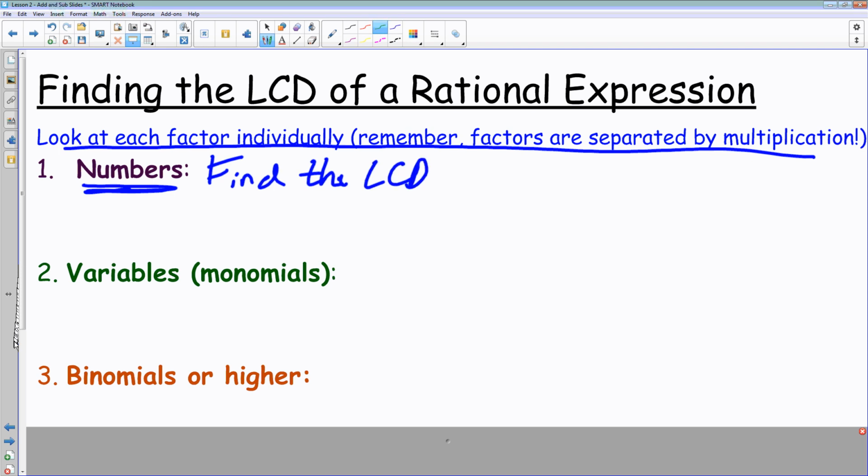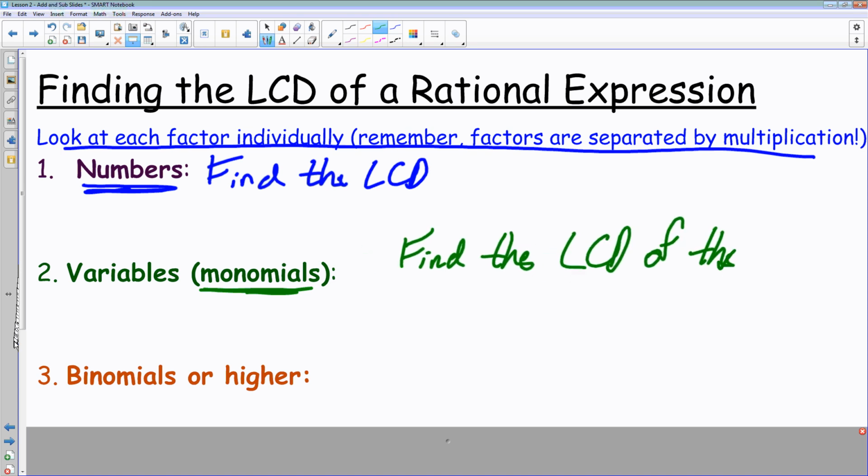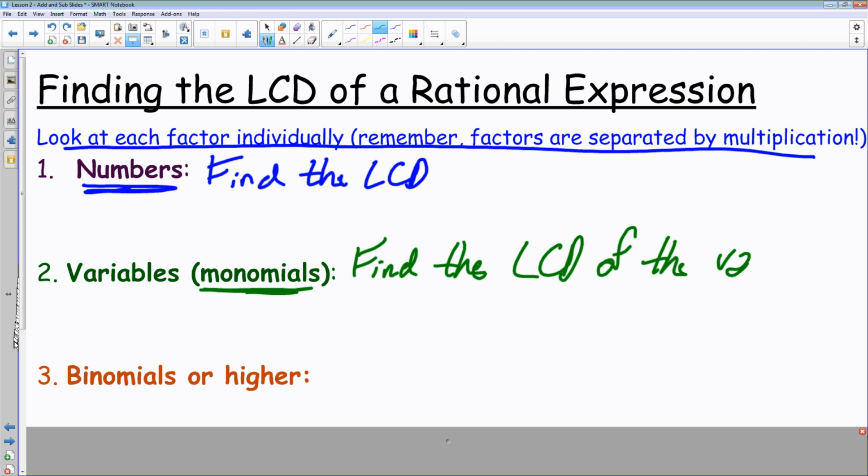When we start to look at variables, when we're dealing with monomials, monomial meaning one term, you find the LCD of the variable by taking the highest degree of the variable.